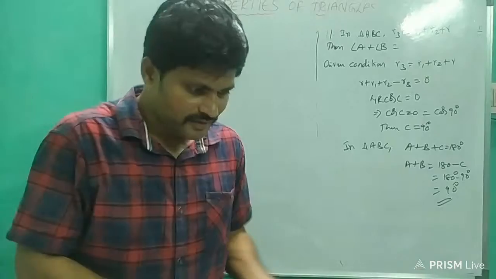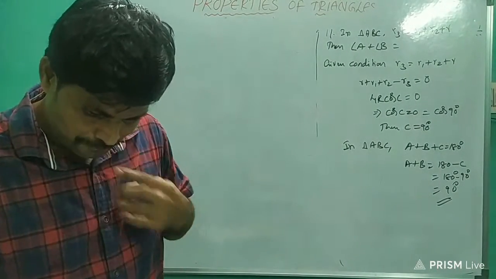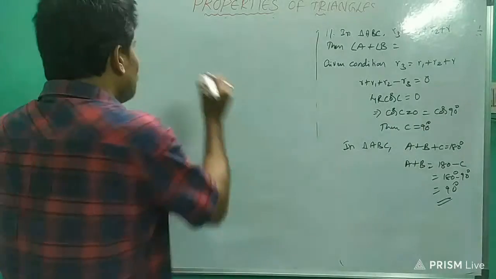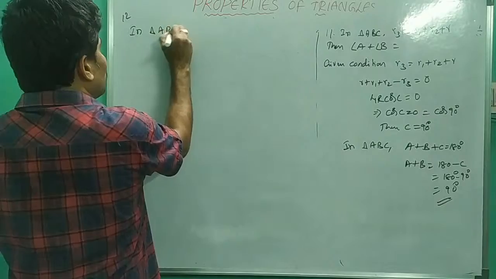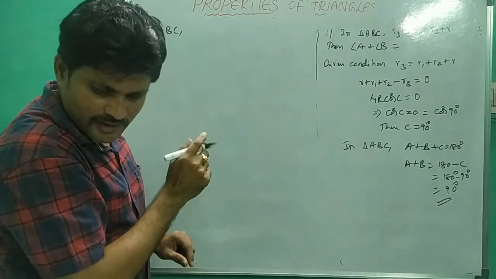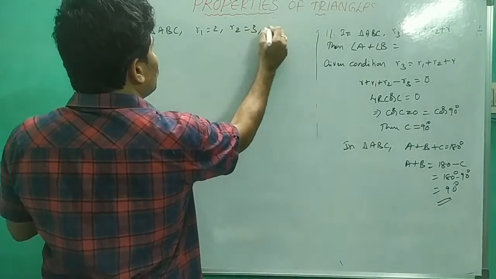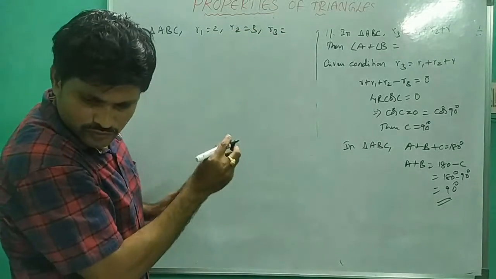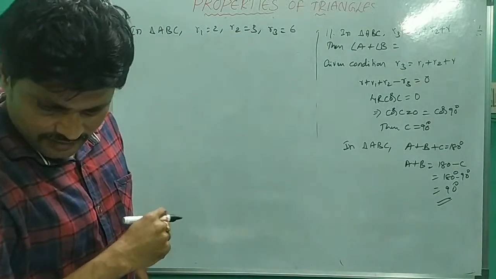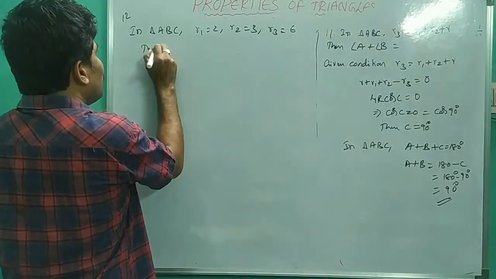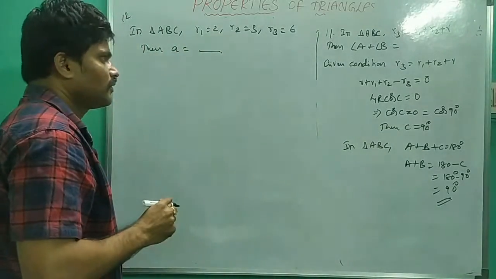Now the next problem is: in triangle ABC, r1 equal to 2, r2 equal to 3, r3 equal to 6. Then the value of a equals dash.